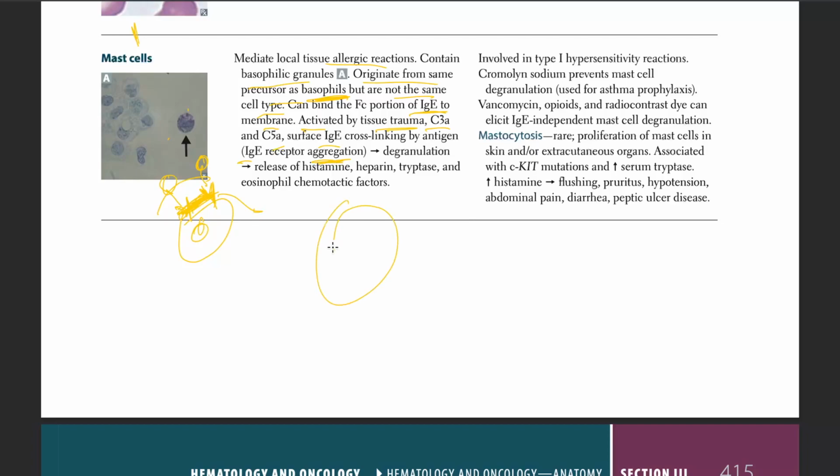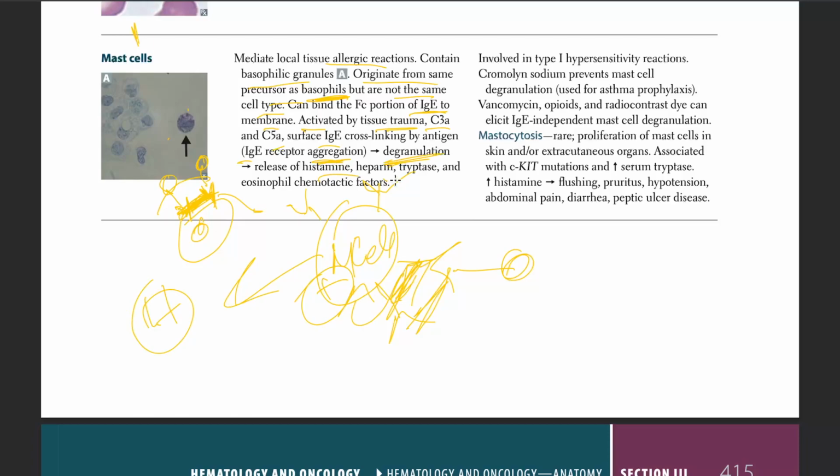So this is the mast cell, and it has IgEs on top. An antigen coming here has to bind both of them, and these have to aggregate, which leads to activation of this mast cell. Then it degranulates and releases histamine, heparin, tryptase, and eosinophilic chemotactic factors.